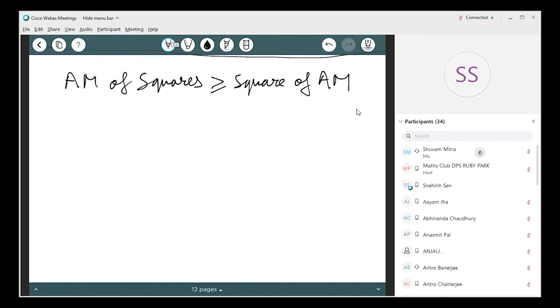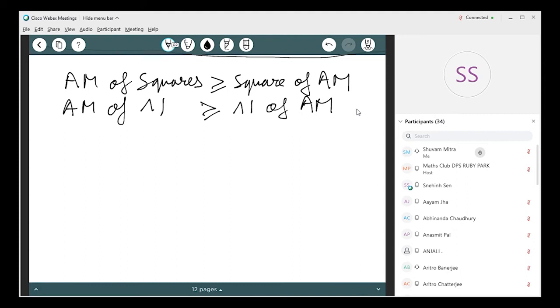This is what we had. In fact, we have this triviality: the AM of the power 1, that is basically the constants, is greater than or equal to the power 1 of the AM. This is a trivial statement, but it's still true.